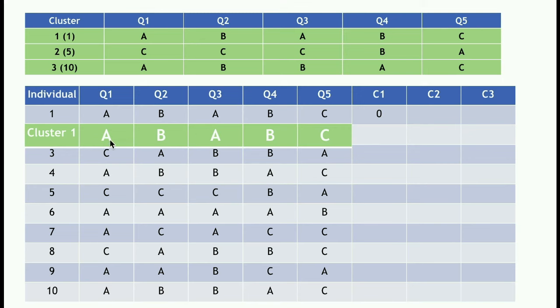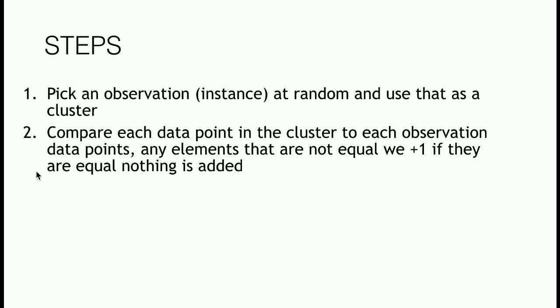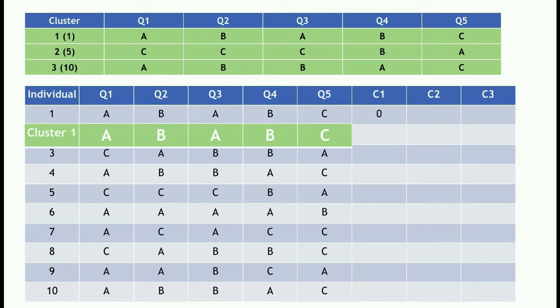So with this, I picked cluster 1 compared to individual number 1. Since we used individual 1 to make cluster 1, there isn't going to be any difference in our data points, as you can see here. So therefore, we cannot add 1. If we go back to our steps, we add 1 if they are not equal, but they are equal.